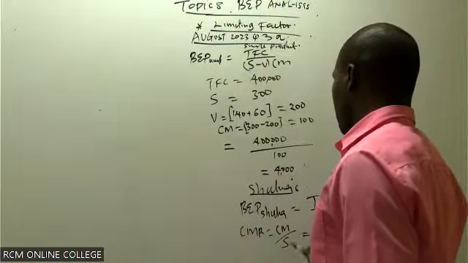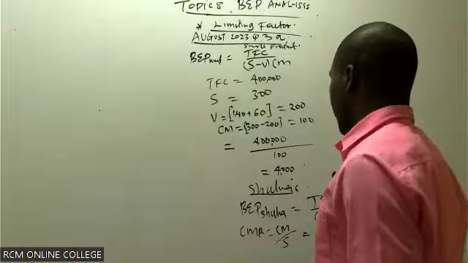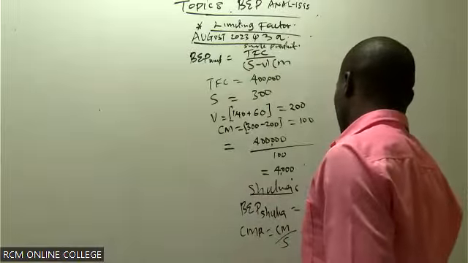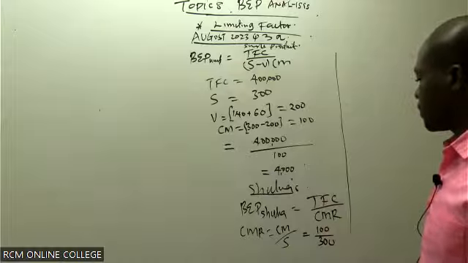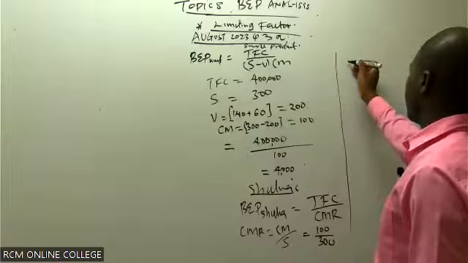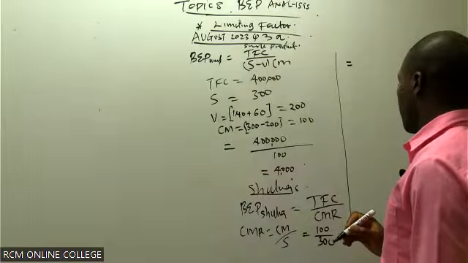Do we have the two? Yes. Contribution margin is 100. Then sales is equivalent to 300. If that is divided, what will you have?